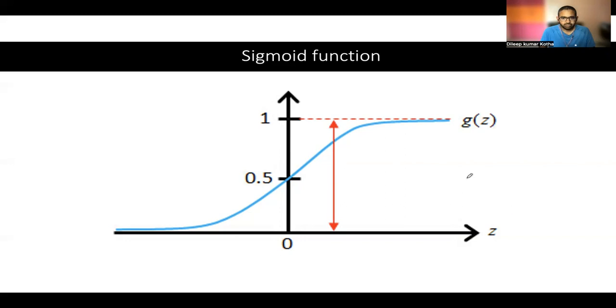And as our hypothesis becomes greater than 0, and if it approaches plus infinity, g of z approaches 1. So we can take this as a final indication whether the given variables will make it go to class 0 or class 1 given a theta.